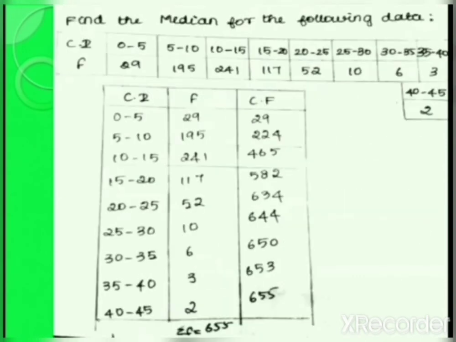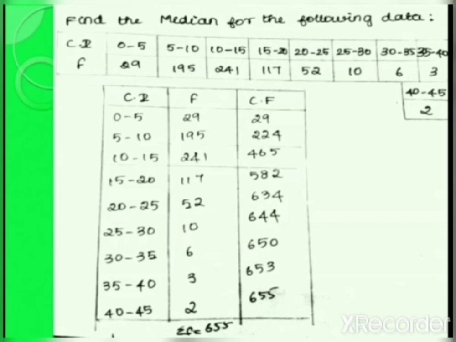More than 327.5 is 465, because the previous value 224 is less than 327.5. So we take 465 as the value that exceeds 327.5.